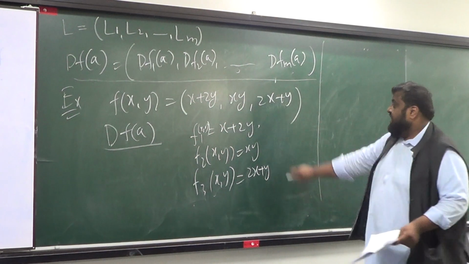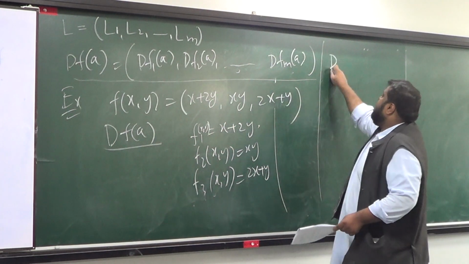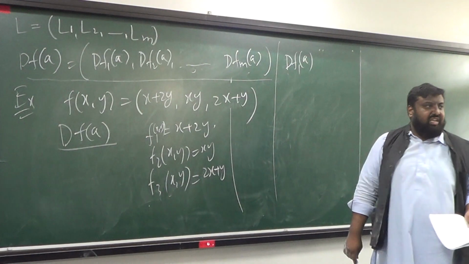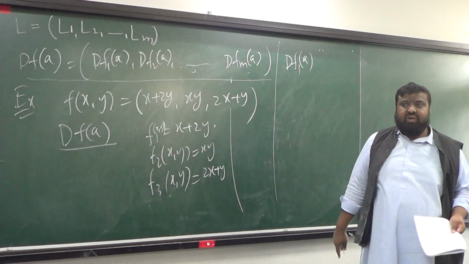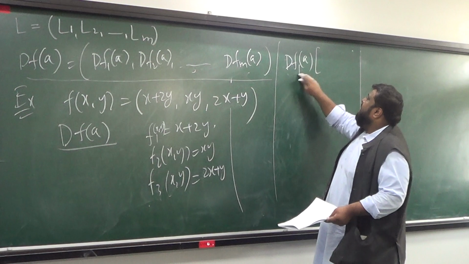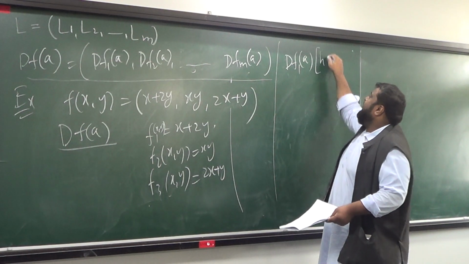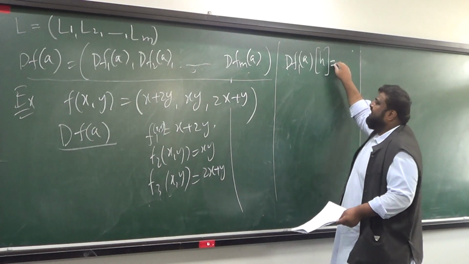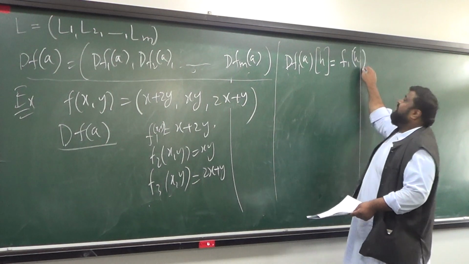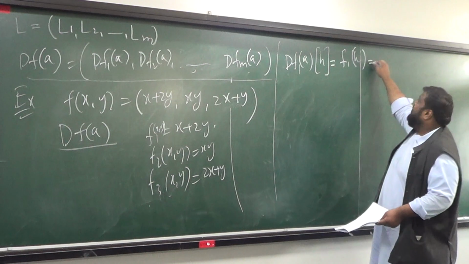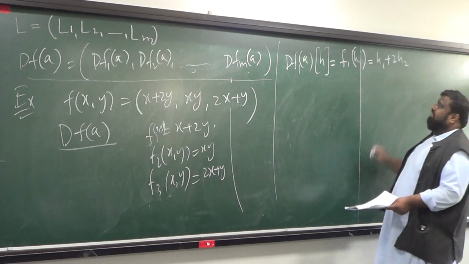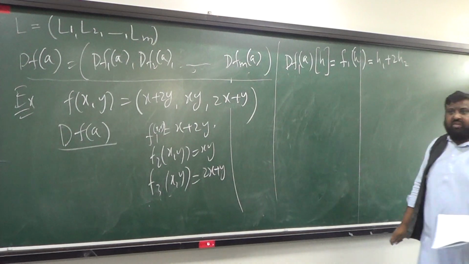Okay? And we know what the Fréchet derivative of f1 at a is, because it's a linear map from Rn to R, so it's itself. In other words, if I apply this Fréchet derivative onto a vector h, this is the same as applying f1 onto the vector h, and that is going to be h1 plus 2h2, because that is the Fréchet derivative.